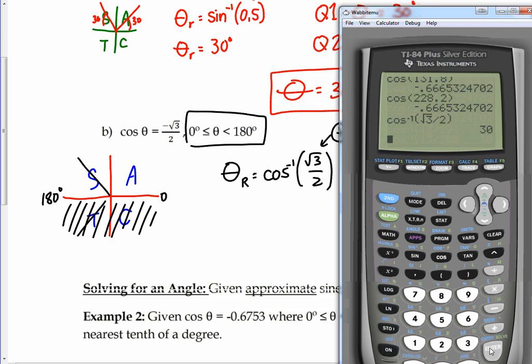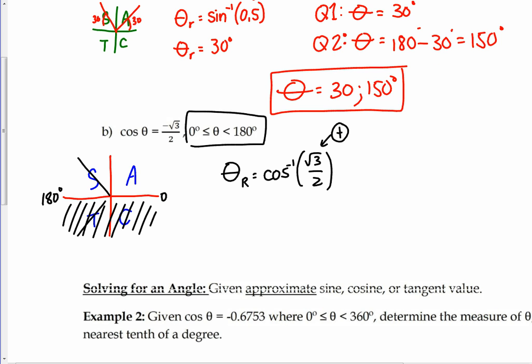Now you could have also used your special triangles to figure that out, right? Because you've seen root 3 over 2 before on a 30, 60, 90 triangle. Opposite the 60 is root 3 to 1, so adjacent over hypotenuse being root 3 over 2 happens at 30 degrees.